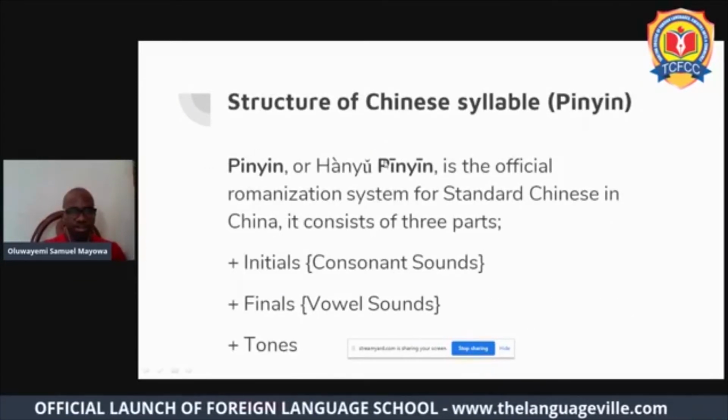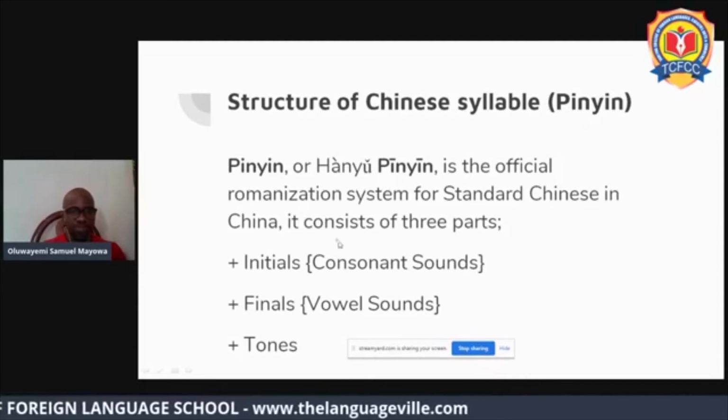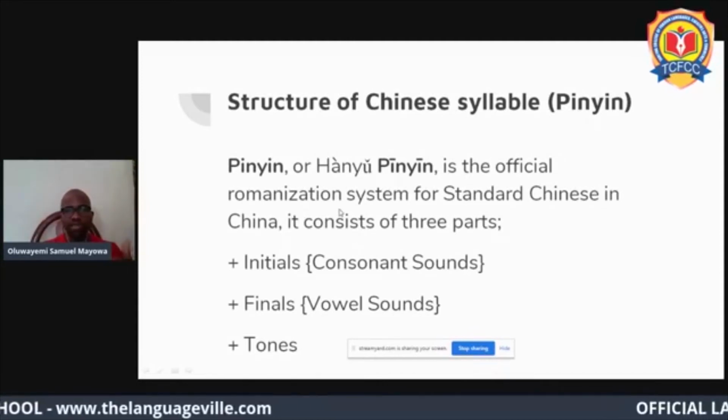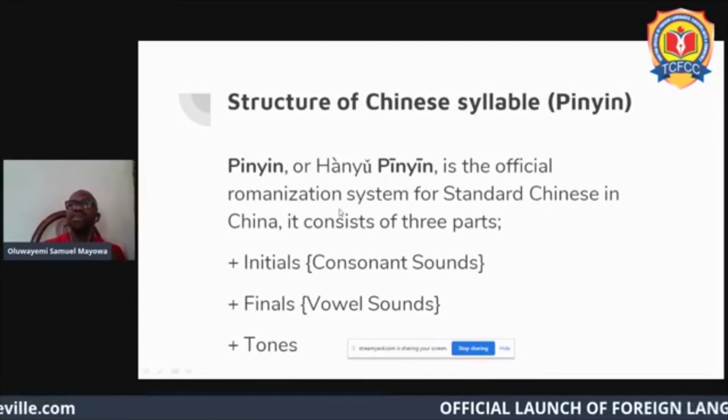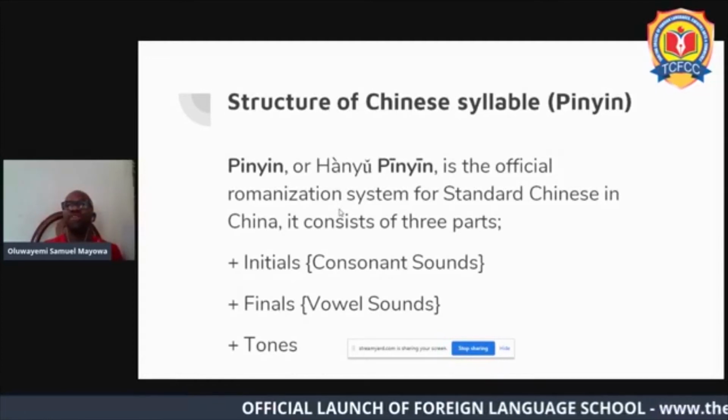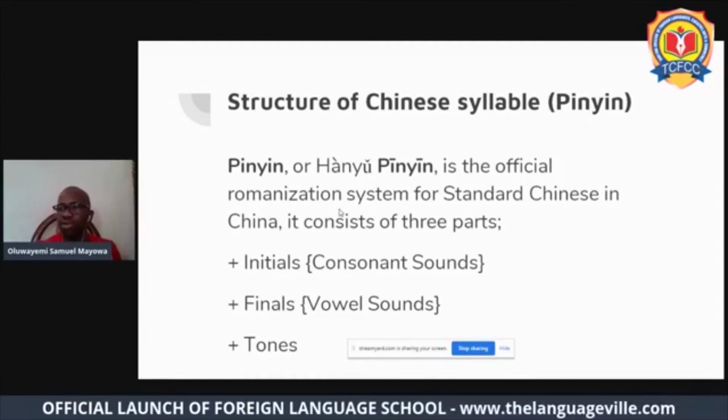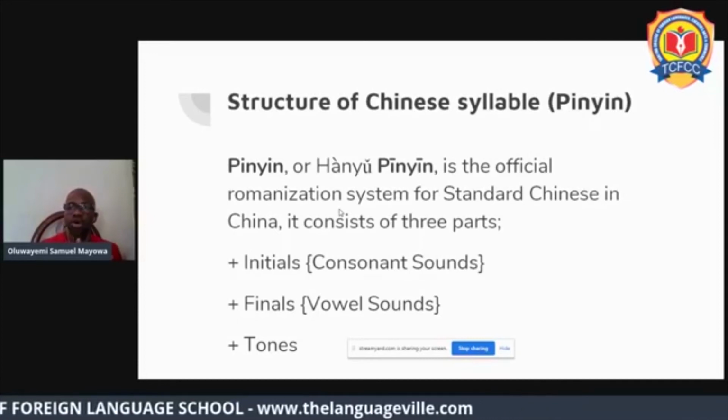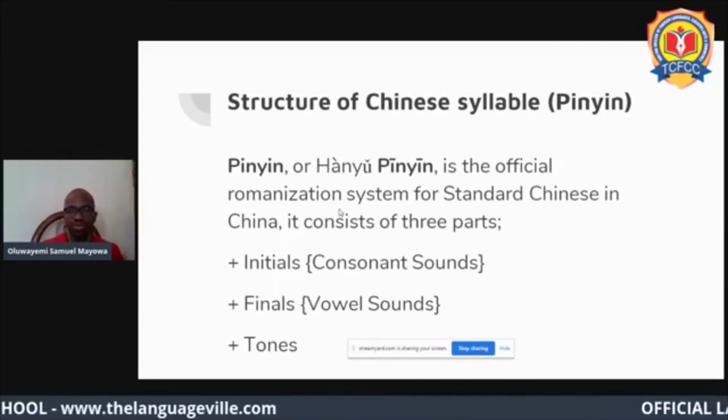Pinyin is a system designed for English speakers and other Latin-language speakers to understand the Chinese language.